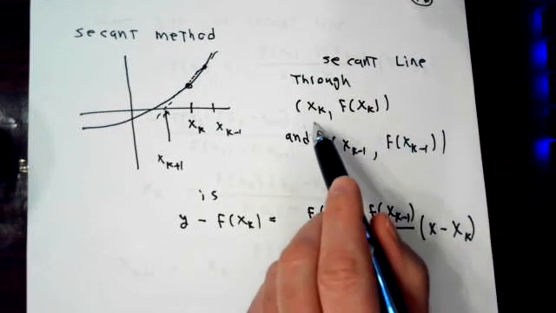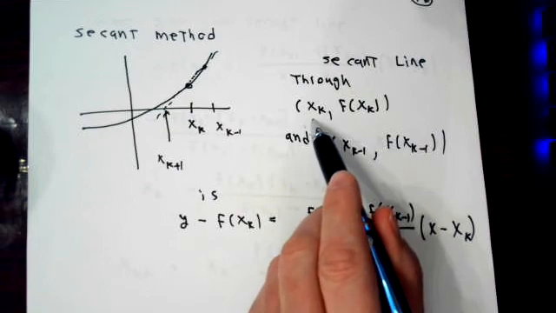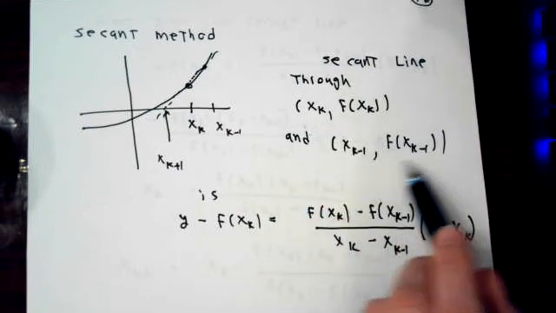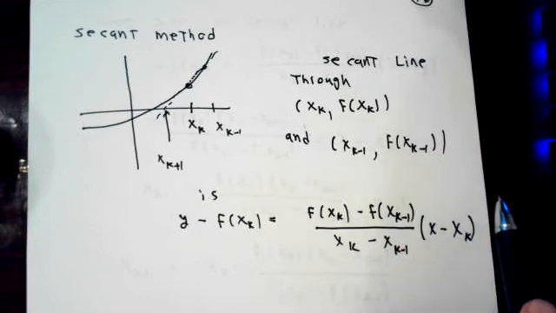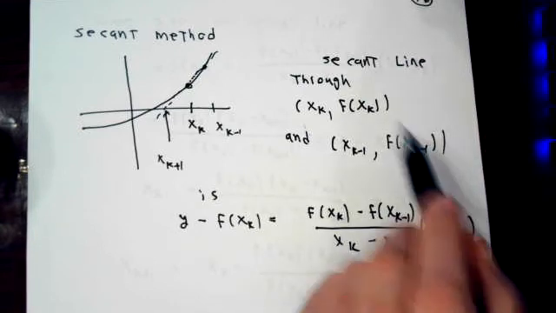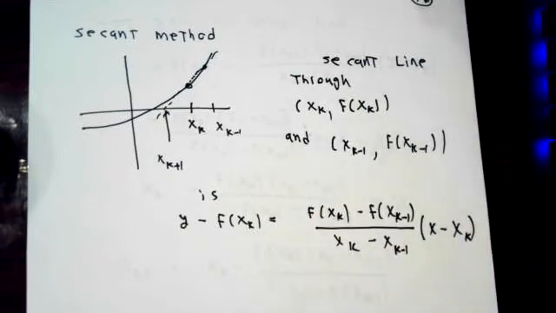The secant line is going to be through the points (xₖ, f(xₖ)) and (xₖ₋₁, f(xₖ₋₁)). I need to know the slope, which is the difference of the y numbers divided by the difference of the x numbers.